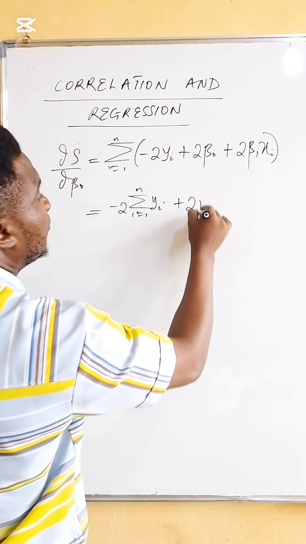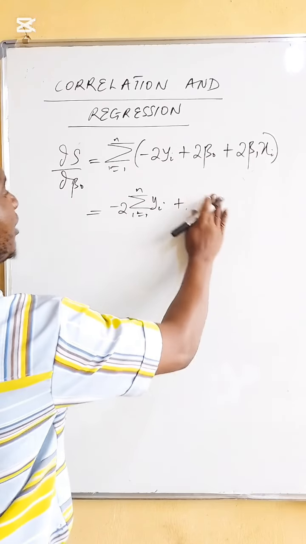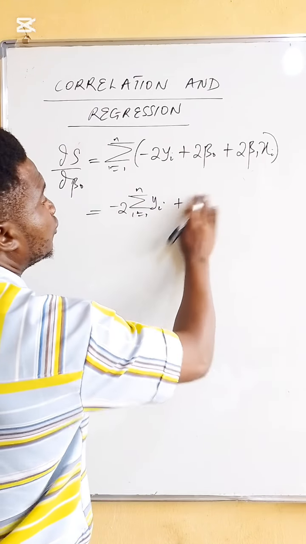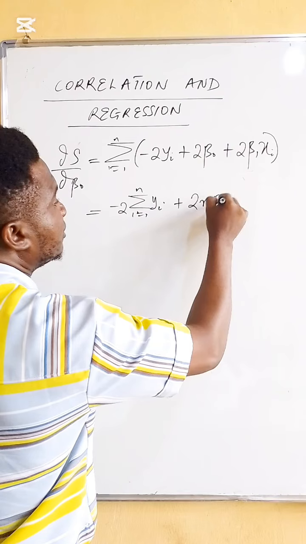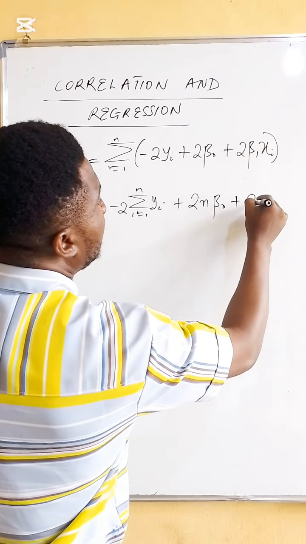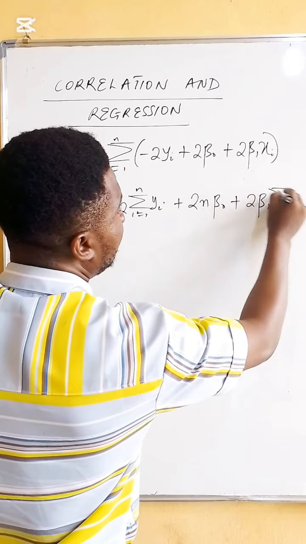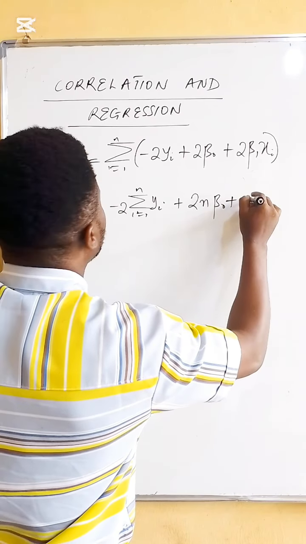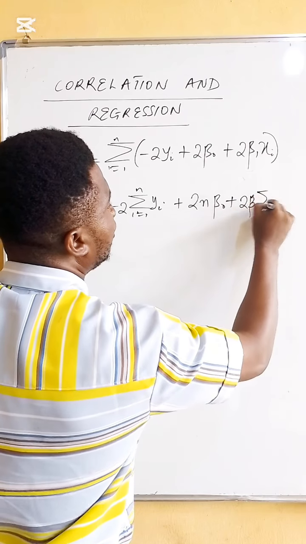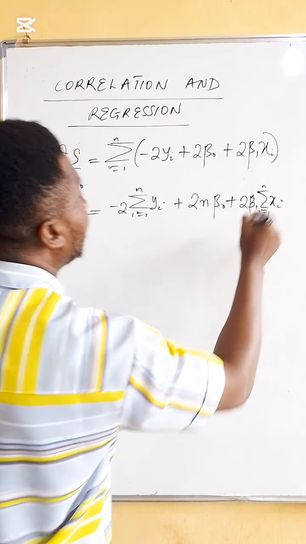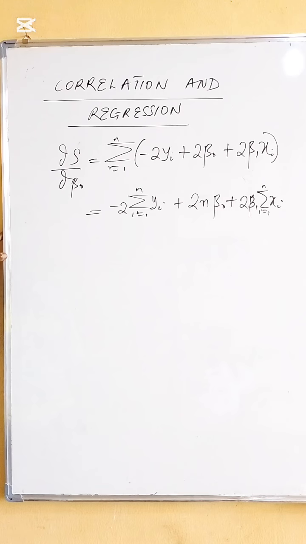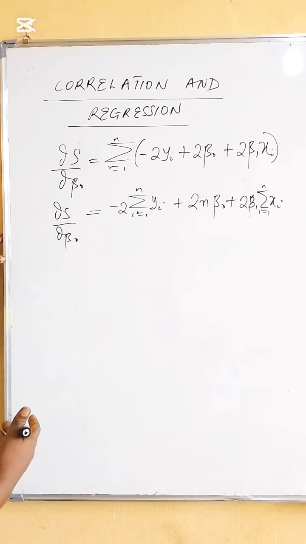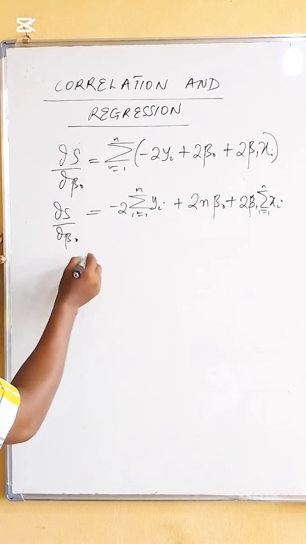This gives you 2 beta naught, because you are summing a constant n times, you are going to have 2n beta naught, and the last will be 2 beta 1 coming out as a constant, times summation from i equals 1 to n of xi. So that's what you are going to have as the derivative of S with respect to beta naught. Now, the next thing you are going to do will be to equate this to 0.